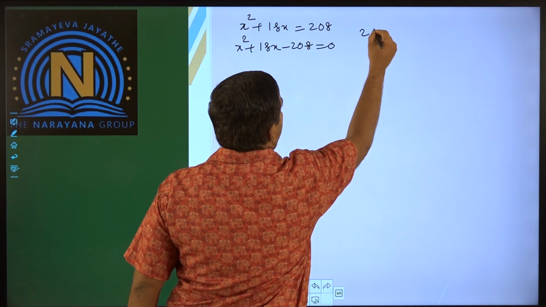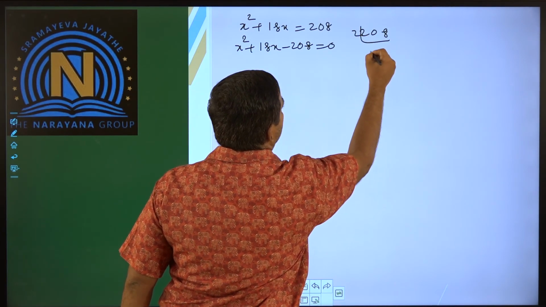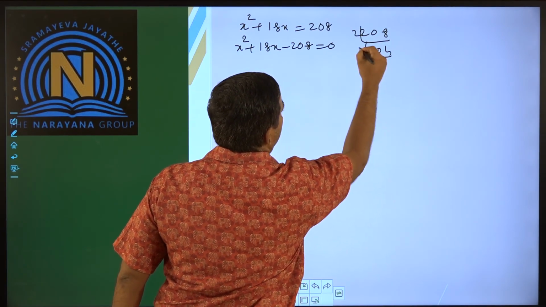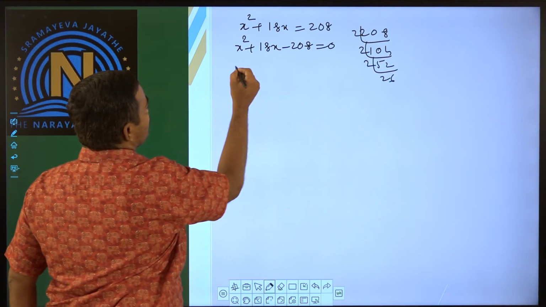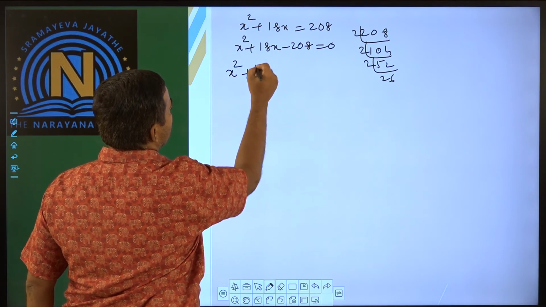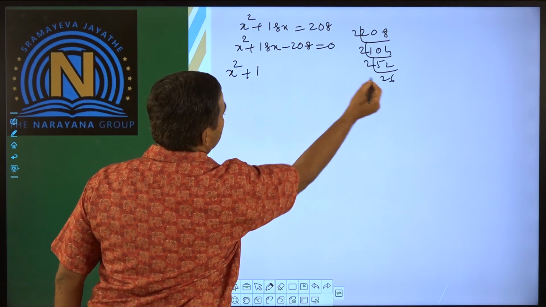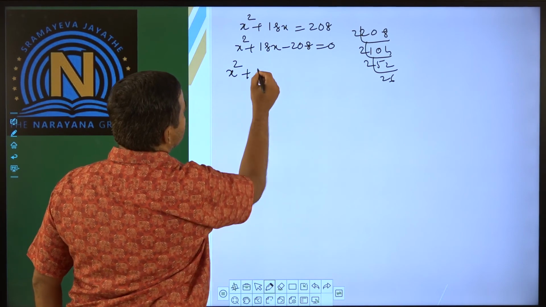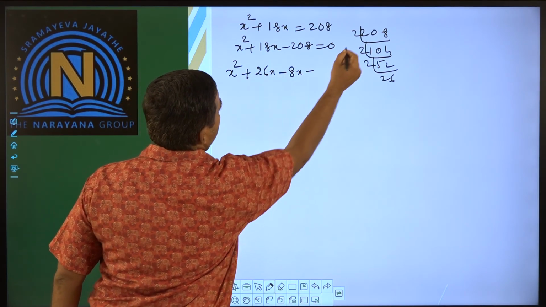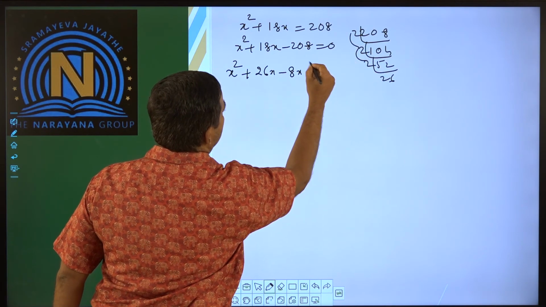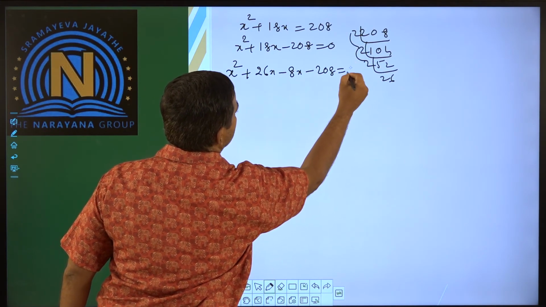Now, taking the factors of 208: 2 ones are 2, 4, 2 fives are 10, 2 twos, next to 26. So x square plus 18x can be written as 26x minus 8x minus 208 is equal to 0.